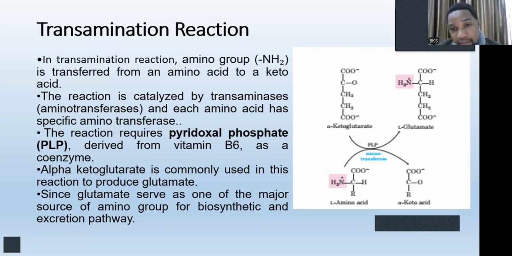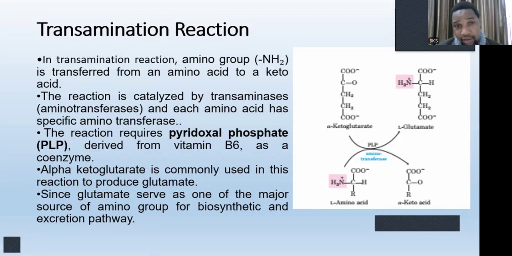You can see an L-amino acid converted to a keto acid. What receives the amino group is another keto acid, which in most cases is alpha-ketoglutarate. Alpha-ketoglutarate, once it receives the amino group, becomes glutamate.